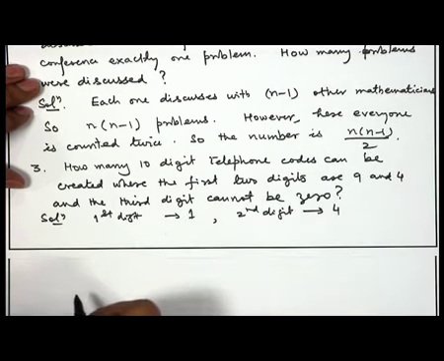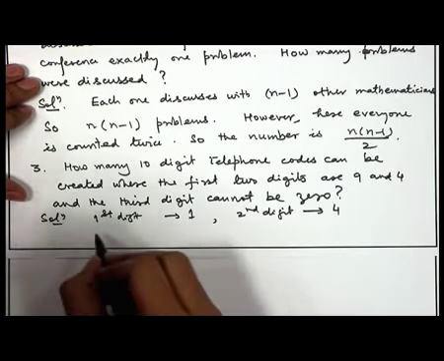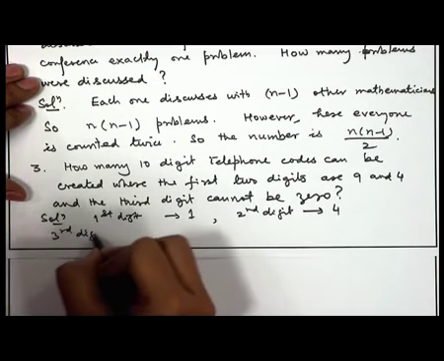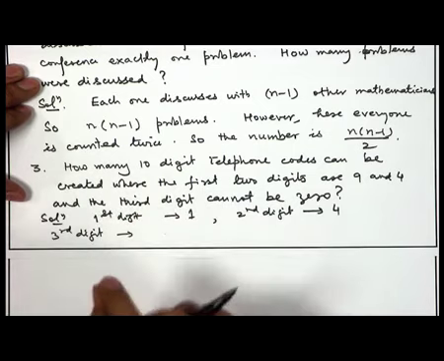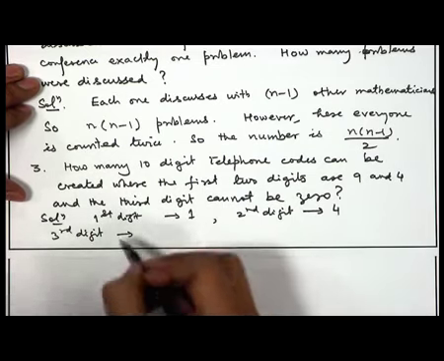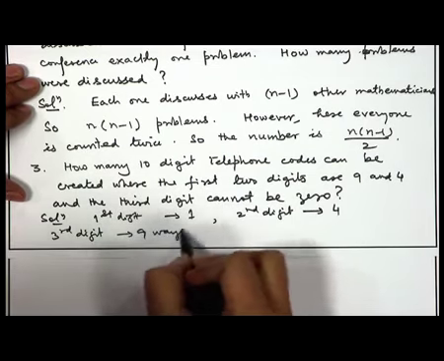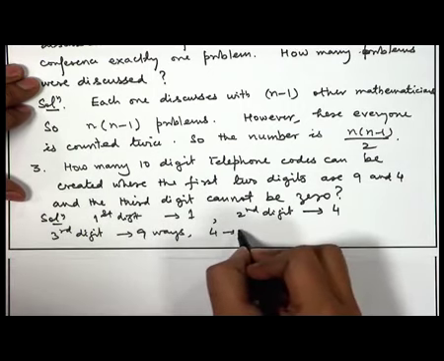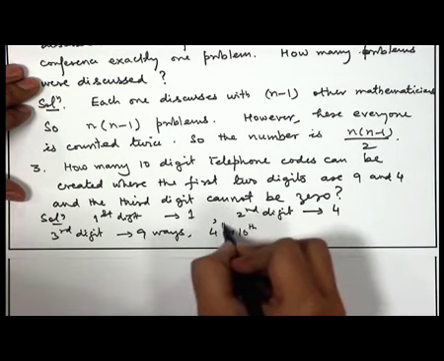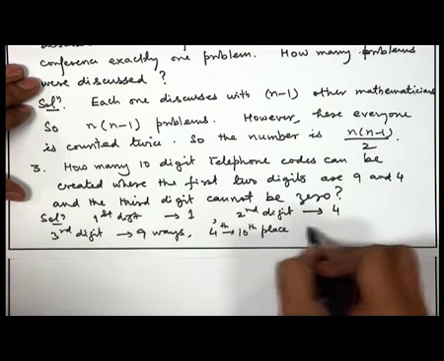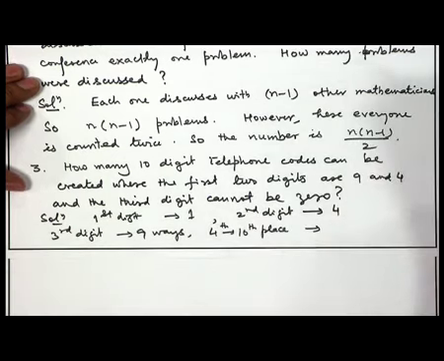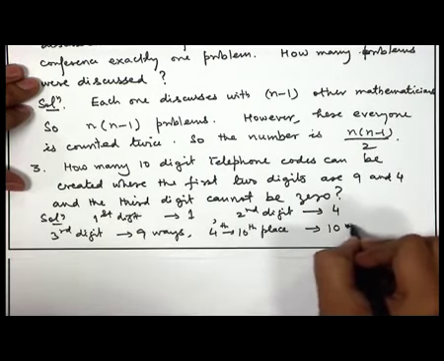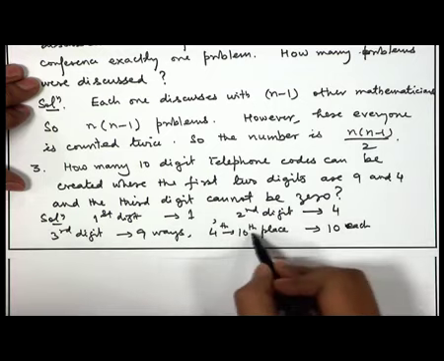Now, the third digit is not 0, so the third digit can be from the numbers 1, 2, 3 up to 9. So, 9 ways, and from the fourth place up to the 10th place you can have any of 0, 1, 2 up to 9. So, there are 10 ways each. So, now these are 7 places.